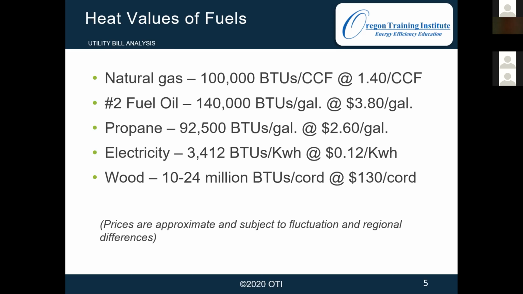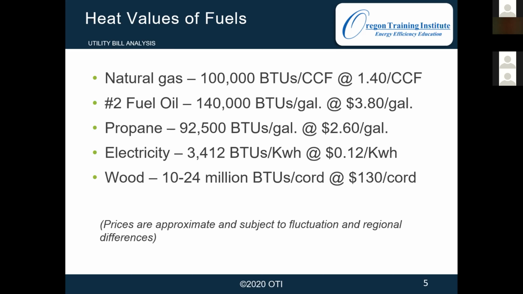Natural gas is super cheap, well below $1. Oil went up, but it's not as high as it has been in the recent past. Propane just fluctuates a lot, especially with oil prices. Usually cheaper though than oil.